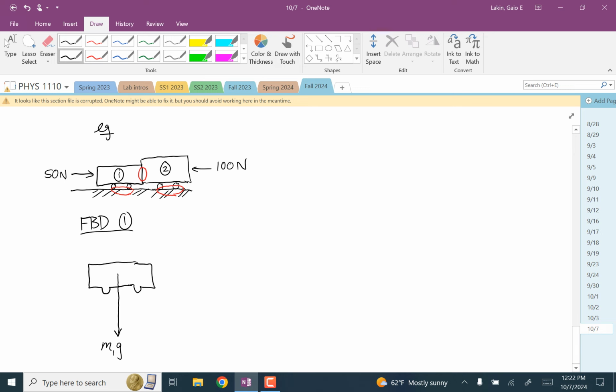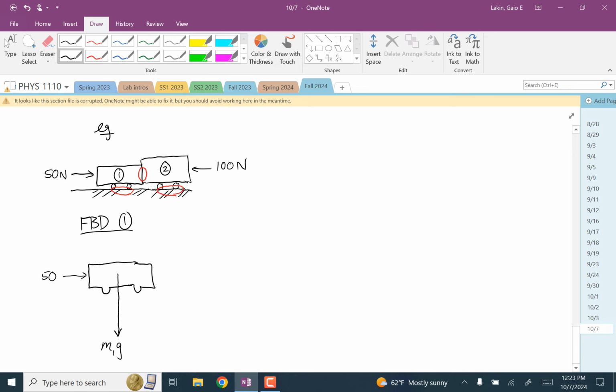If we knew what the mass was, we could just multiply that out. There is a 50 Newton force acting on the boundary that we're given. We don't have to think about that. We can just put it in here. But notice that the 100 on the other side isn't acting on body 1. It's over here on the boundary of body 2, so I'm not going to put that 100 in there.